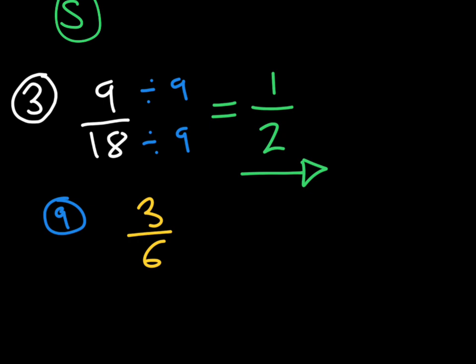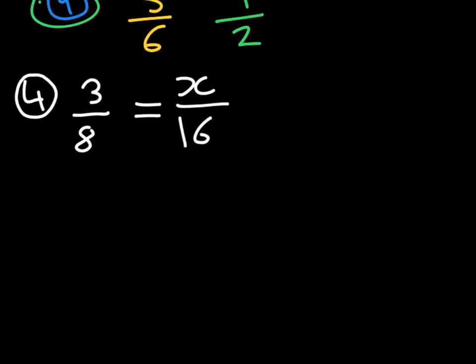So if we had done that, 3 divided by 3 is 1, and 6 divided by 3 is 2. So once again, we get to the same answer, but by dividing by the highest common factor, which was 9, we arrive at our final answer a lot quicker, and it is a slightly more correct procedure.